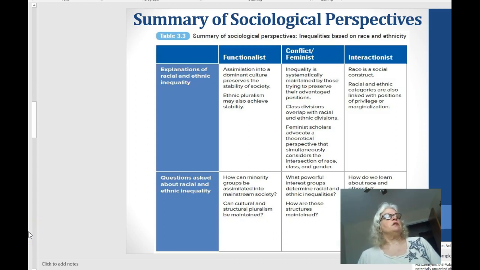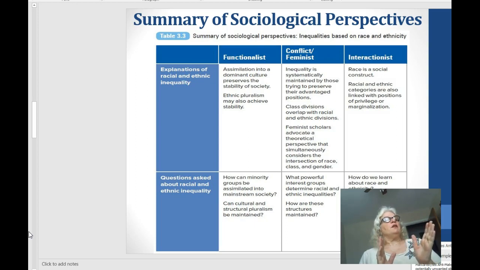The feminist perspective, the functionalist perspective really looks at the diverse culture entering that dominant culture, and that the goal is to preserve the stability of the dominant culture and blend that in, and to achieve stability.